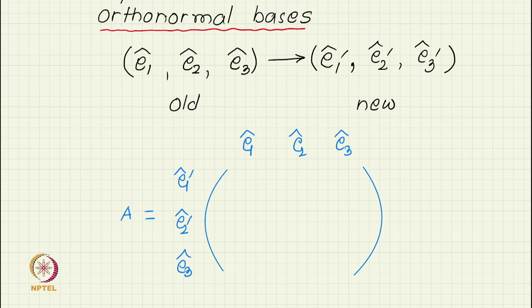And again, just to remind that we are in the special case of orthonormal to orthonormal transformation, I am using the symbol A instead of Q for this case. Then A 1 1, I can write the matrix components, the 9 matrix components.